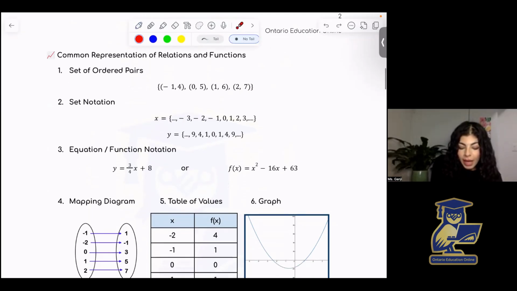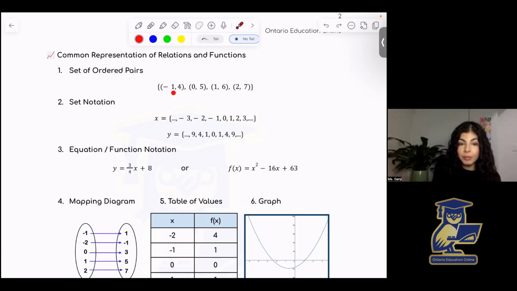So next we have our set notation, which is similar to the set of ordered pairs, but our x and y is now separated. So we're not writing the points anymore. Here we have the input and output value grouped together, but here we have all the input values and all the output values together.